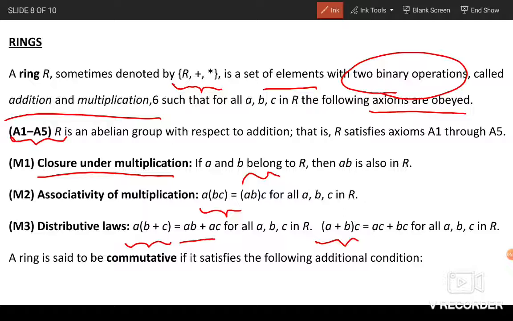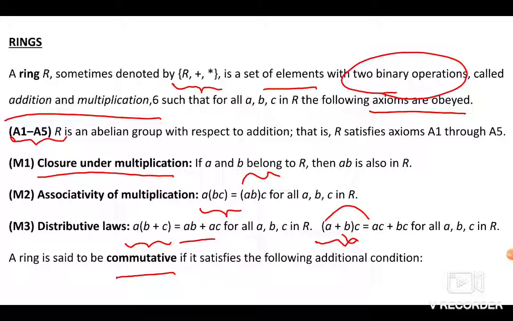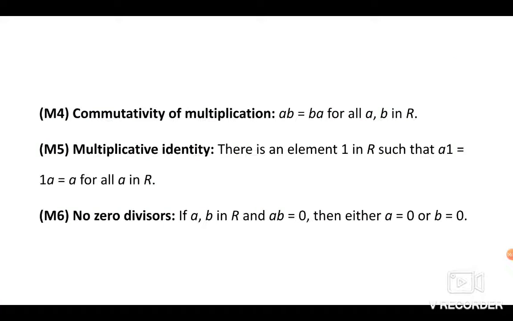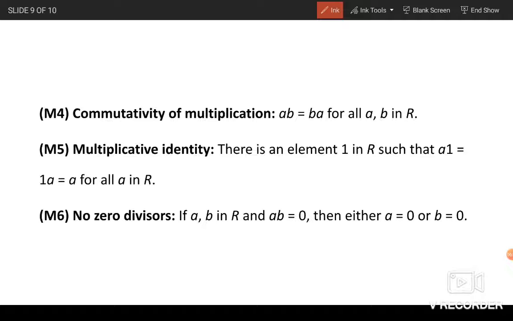A plus B into C, you can write as A into C plus B into C. So this is the distributive law. A ring is said to be commutative if it satisfies one additional condition, commutativity of multiplication: A into B equal to B into A.